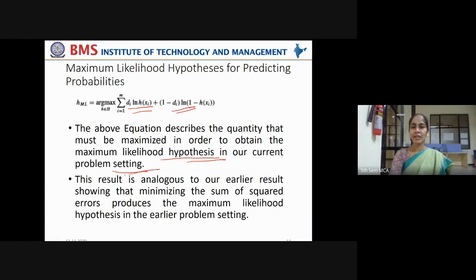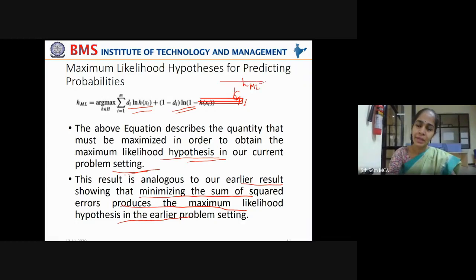Okay. Now this result is analogous, meaning same as our earlier result showing that minimizing the sum of squared errors produces the maximum likelihood hypothesis in the earlier problem setting. In our previous topic, we have seen how reducing the prediction error, summing up all the prediction error squares and minimizing that value, you will get the maximum likelihood.